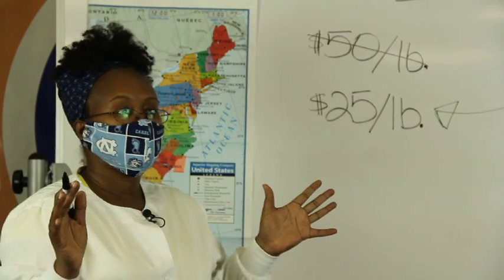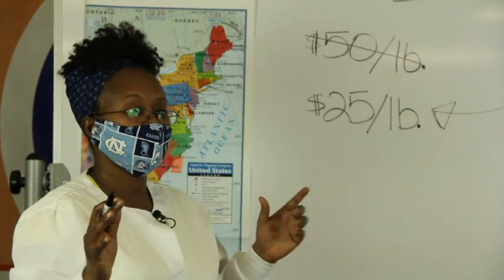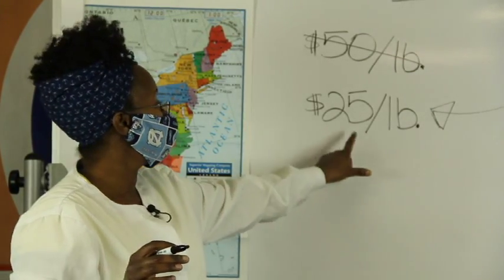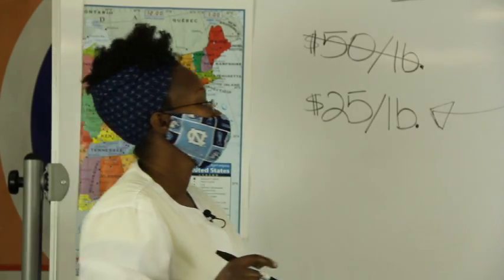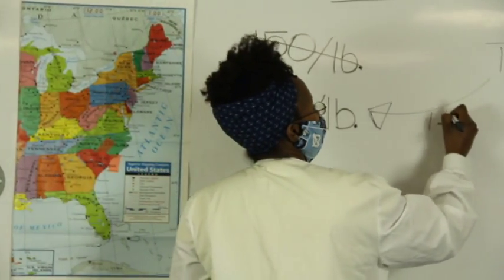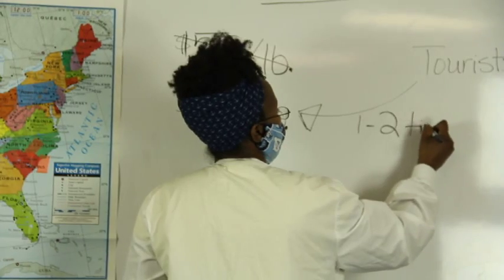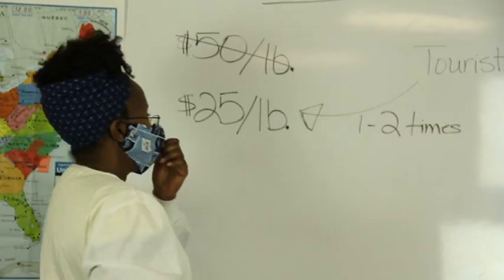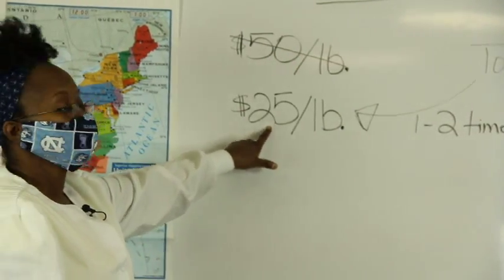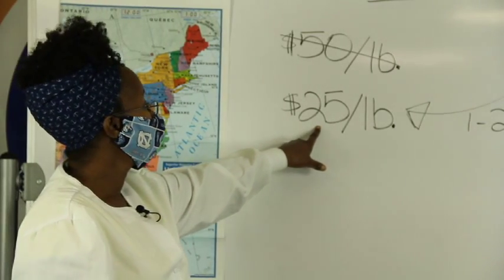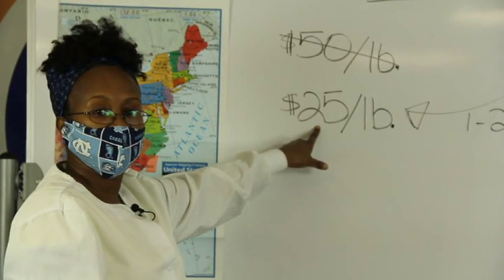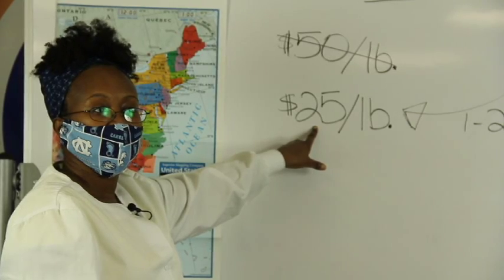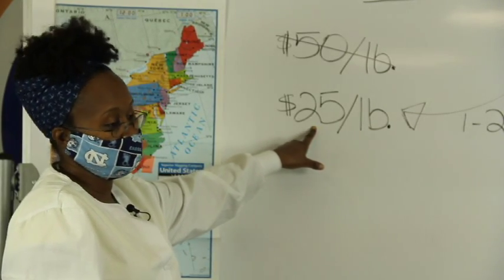Let's say that one family will buy a pound, I'll say 1 to 2 times. Now that only gives the seller $25 to $50. And I guess they could have made some money.